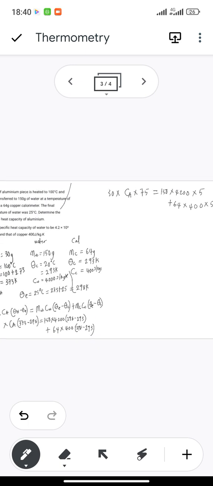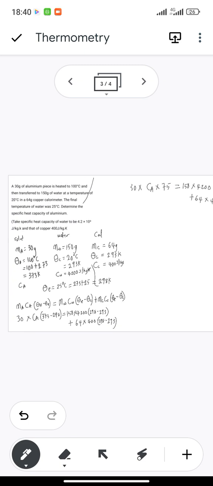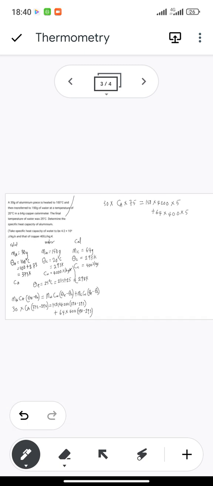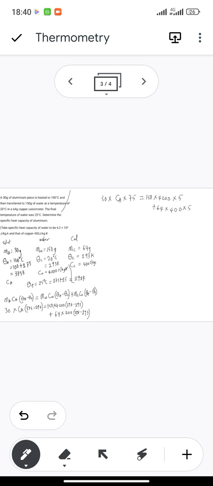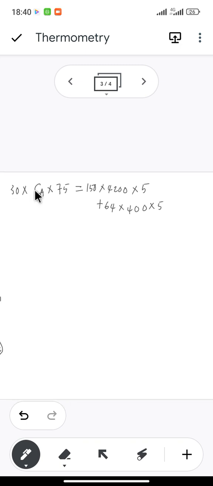So let's check. Okay, 298 minus 293 gives you 5. Then 373 minus 298 gives you 75. Yes, exactly. So you multiply the numbers: 30 times 75 gives you 2250 times the specific heat capacity of aluminium.